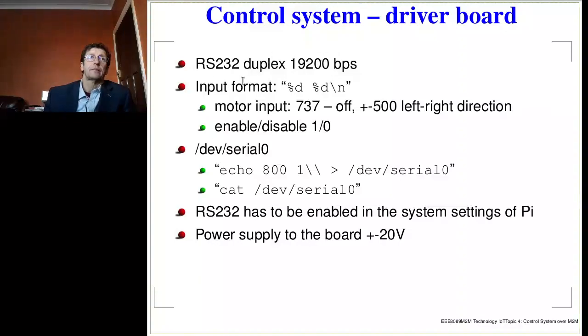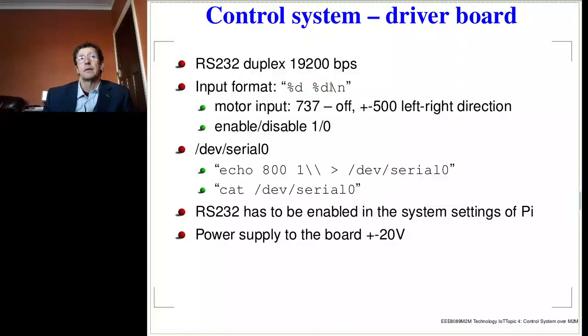Now, the input format for this interface. We need to produce at the output this kind of format. You remember printf from our C programming, right? That's the format line. So there has to be an integer number, then space, then another integer number, percentage d, it's an integer number.